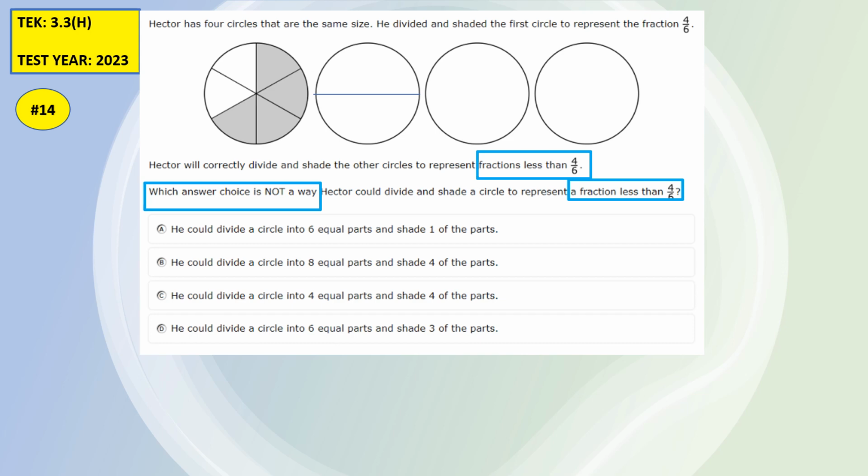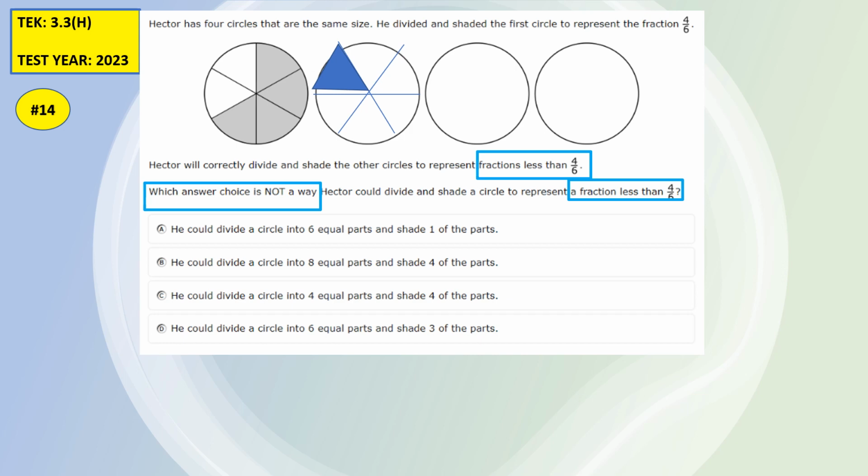So go ahead and divide it into 6 equal parts. All right, so now that circle is divided into 6 equal parts. And I'm going to shade one of the parts. Okay. Now, is this less than 4/6? It is.